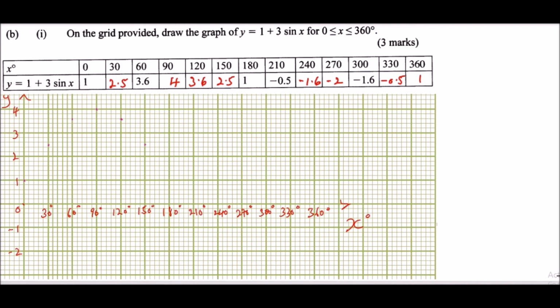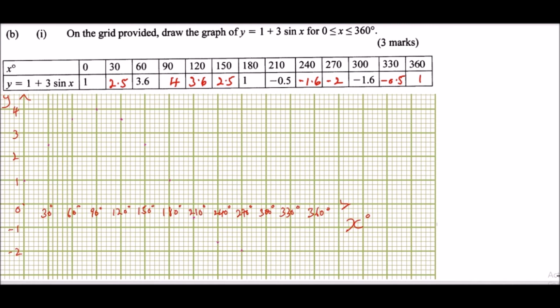180, we have 1, then we have 210, we have -0.5, 210 is -0.5 is there. 240 it is -1.6, -1.6 is there. We have 270 is -2.